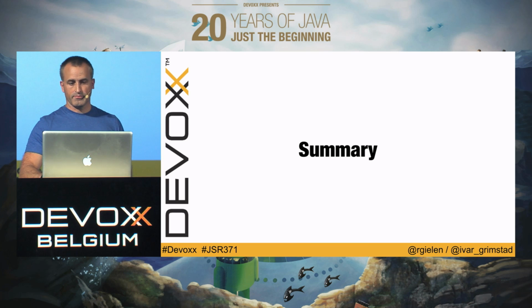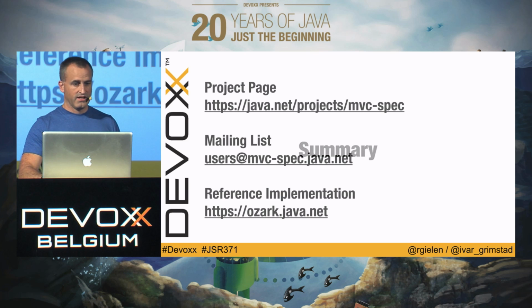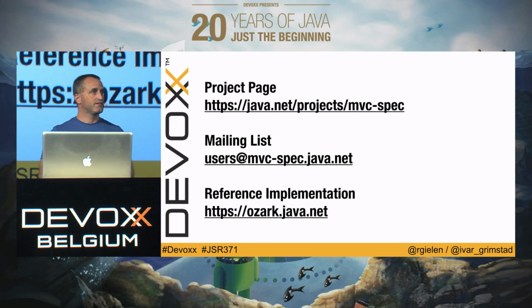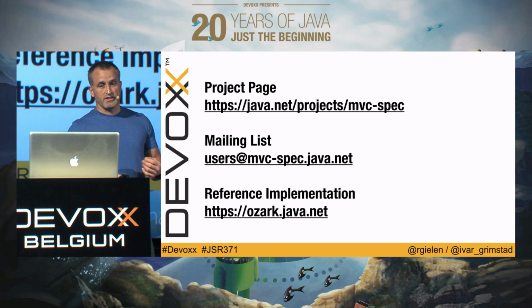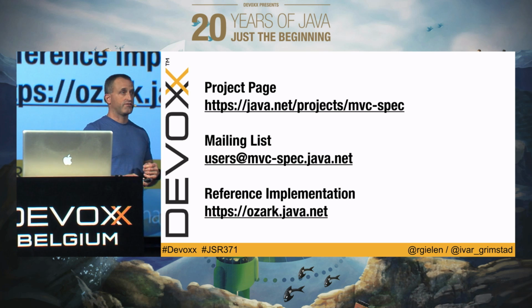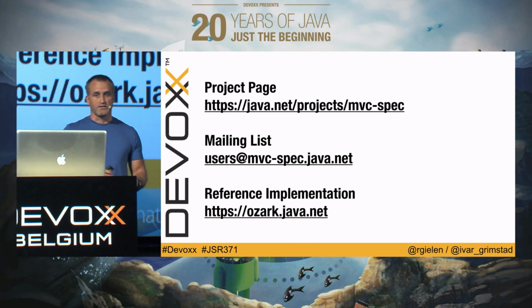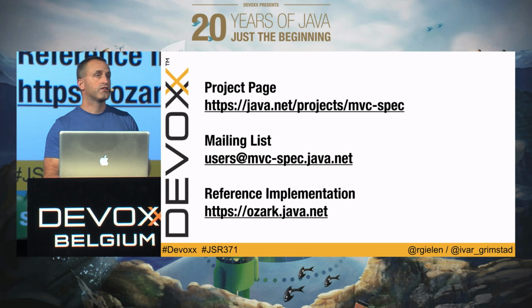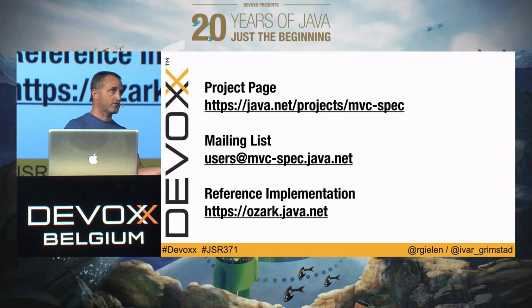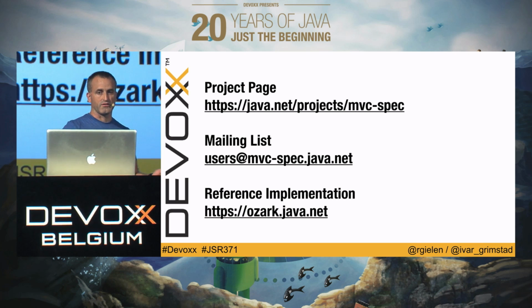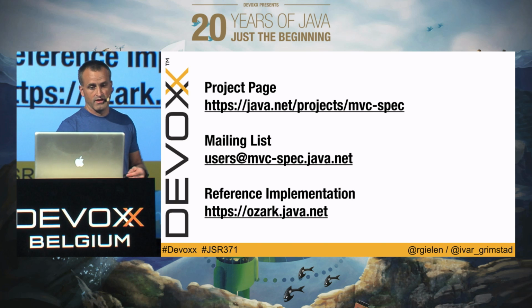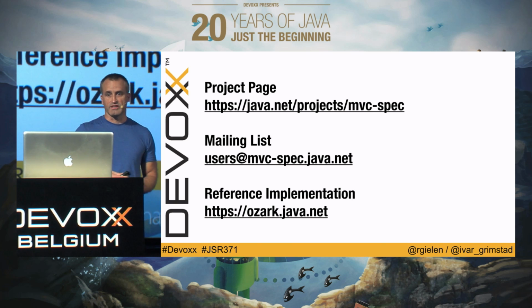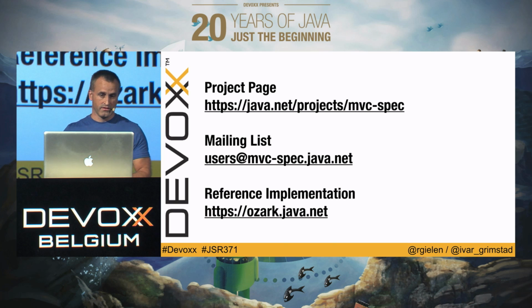So to sum up the JSR 371 section of this presentation: if you want to learn more about this JSR, you go to the project page on java.net. You can follow the mailing list, users at mvc-spec.java.net. And you can look at the reference implementation, where you can find code samples and how you can download it and start playing around with it. The reference implementation is called Ozark.